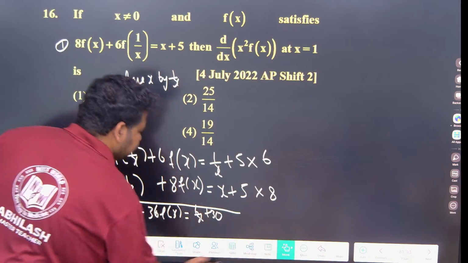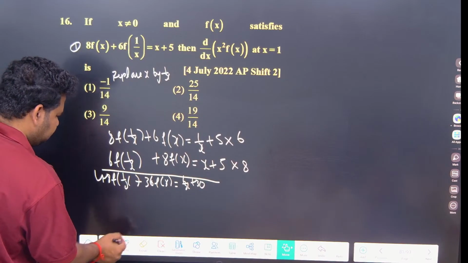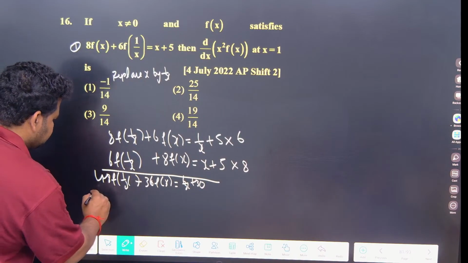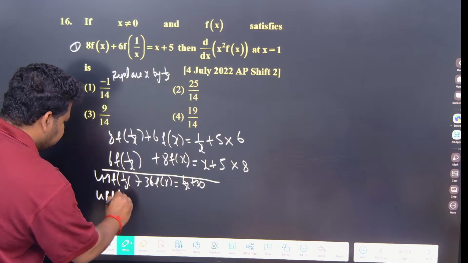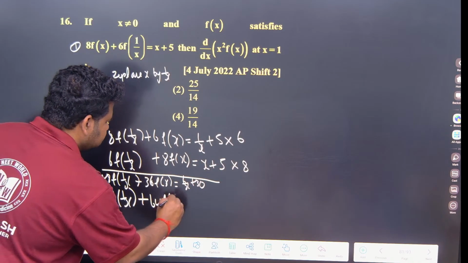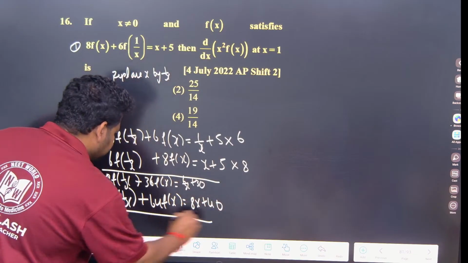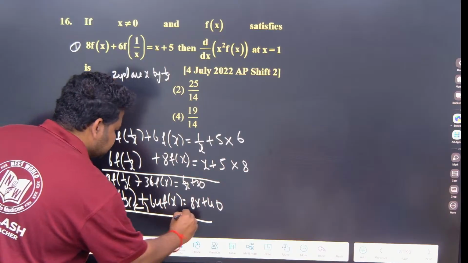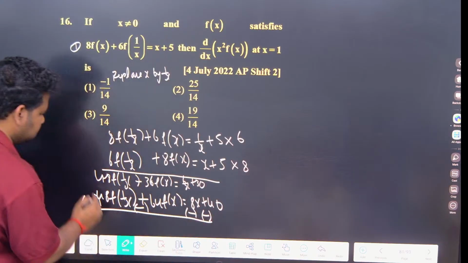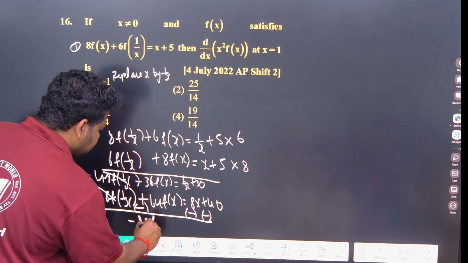And the other is 48 f of 1 by x plus 64 f of x equals 8x plus 40. Subtracting, with opposite signs, this will cancel, and this will be minus 28 f of x.